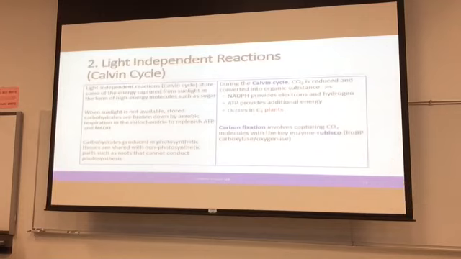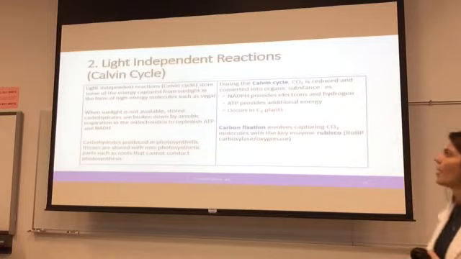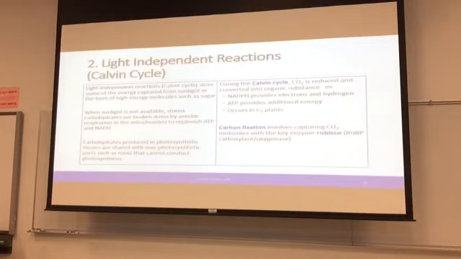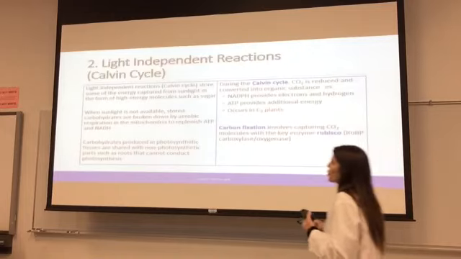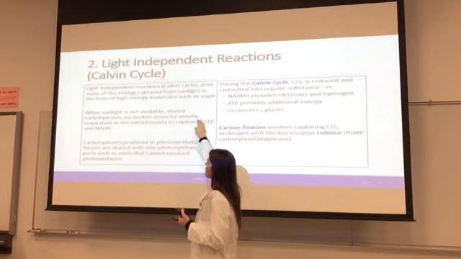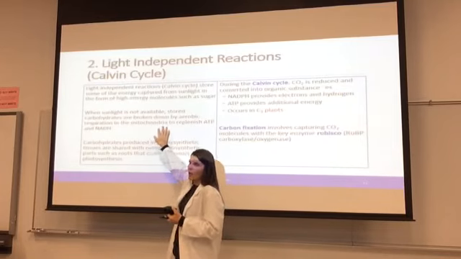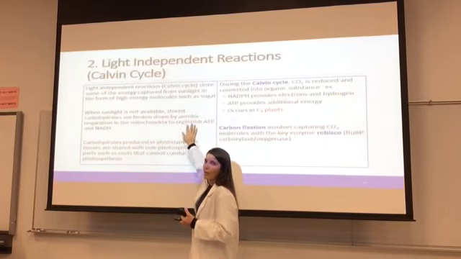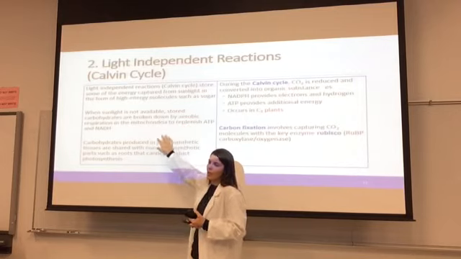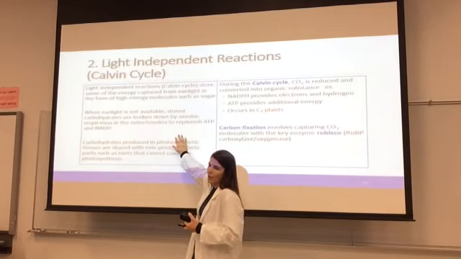It mentions that when sunlight is not available, because these are independent reactions, they don't need the sunlight, but they can occur if the sunlight is present. But when the sunlight is not available, stored carbohydrates are broken down by aerobic respiration, which is also our cellular respiration, that takes place in the mitochondria. This is referencing the process that we just finished studying, cellular respiration.